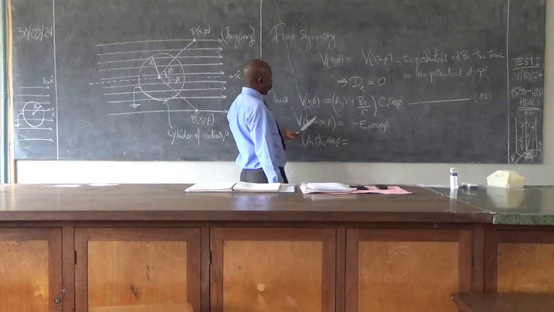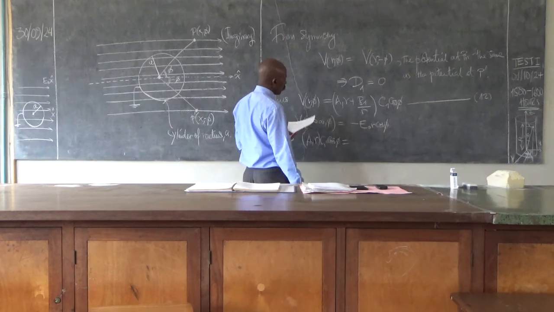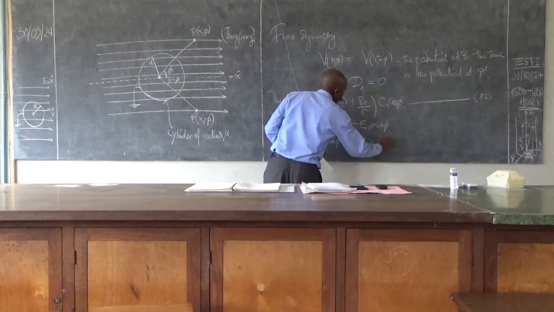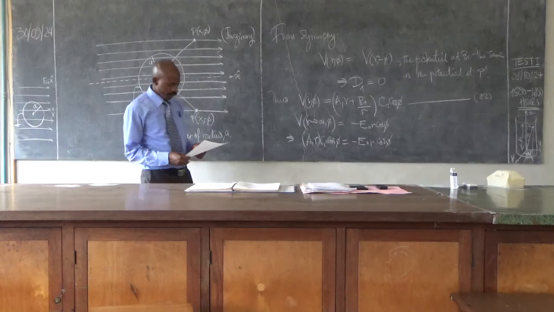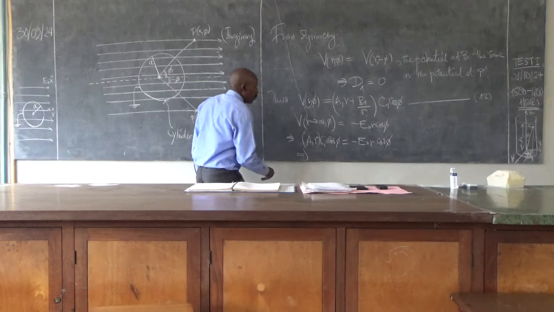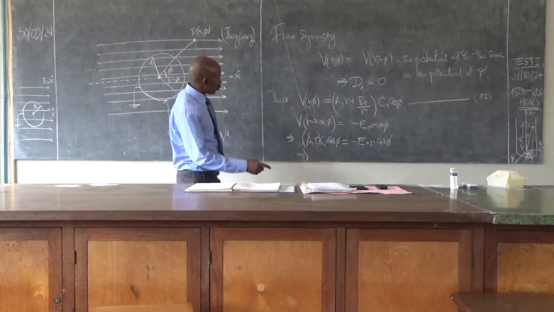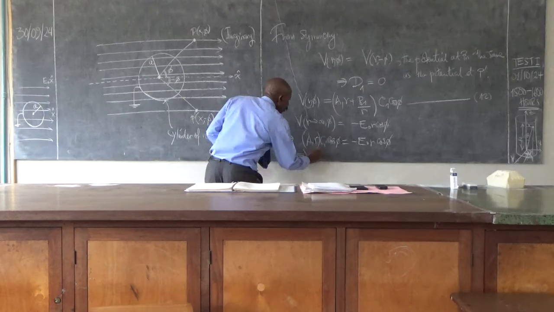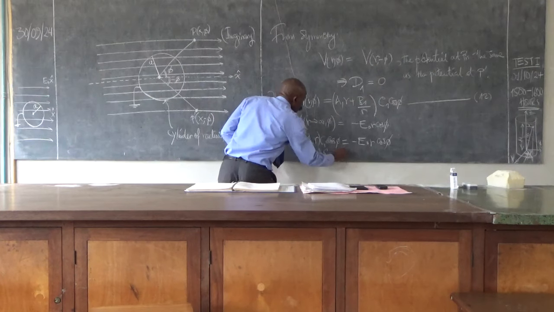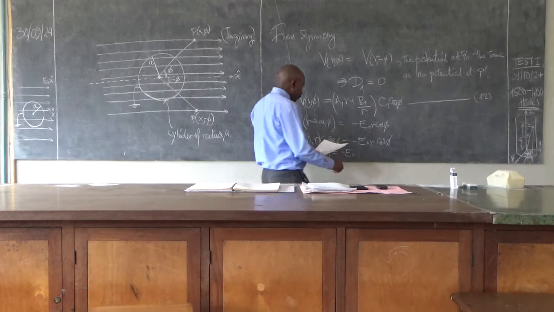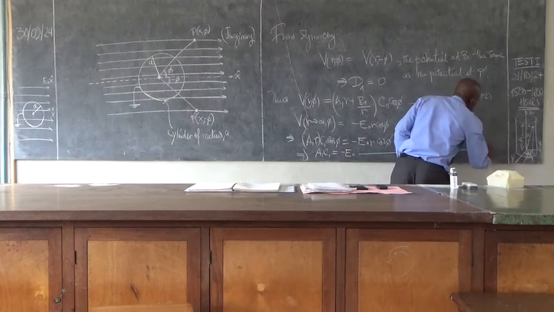I'm substituting for R equal to infinity using this other expression, minus E naught R cos phi. The others go, and we remain with A1 C1 equals minus E naught. This becomes our equation 13.